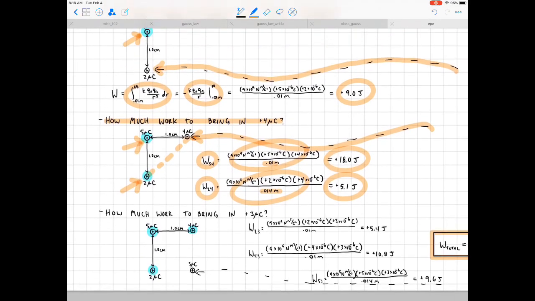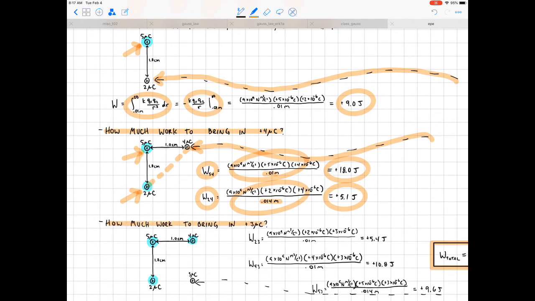And so now I've got 3 charges, and I want to bring in the last charge, the 3 microcoulomb, and you'll notice now I've got all 3 of the source charges fixed. And so I bring in this last charge from infinitely far away. And so now I've got to do 3 calculations, because I've got 3 source charges in the space.